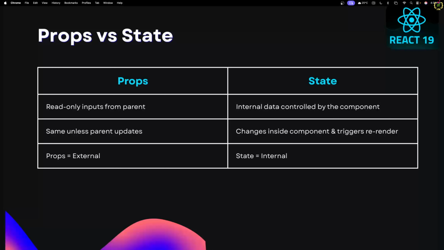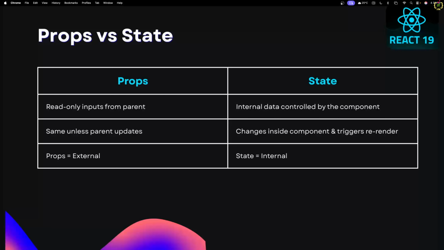Now let's compare this with state. A state is internal. This is the component's data, and the component owns it, and it can change it whenever it needs to. These changes are what make the UI interactive. That means when the state changes, it will re-render the UI in the browser.